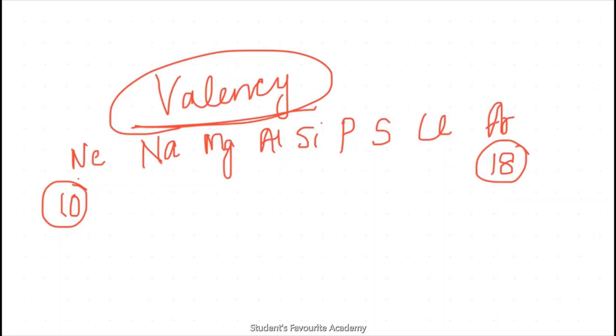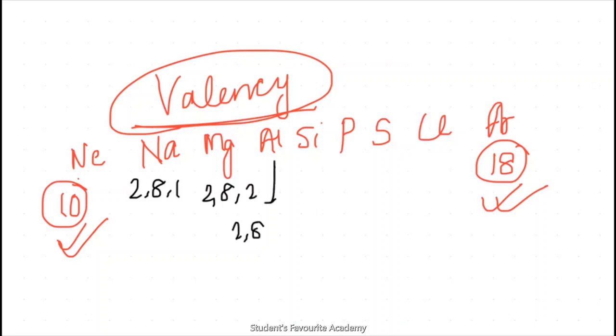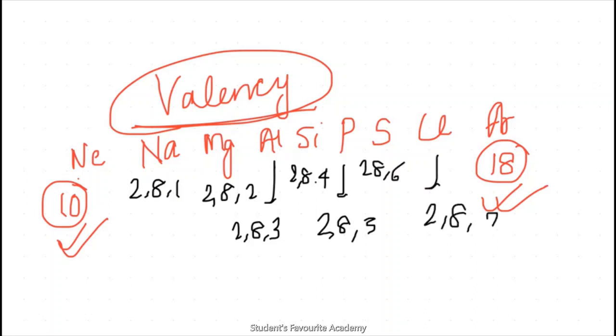If I want to attain stability, I'll either shift towards electronic number 10 or towards 18. What is the electronic configuration of sodium, children? It's 2,8,1, then 2,8,2, and then for aluminium 2,8,3. I'll write here 2,8,4, then 2,8,5, 2,8,6 and 2,8,7.